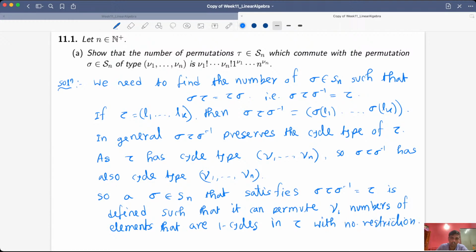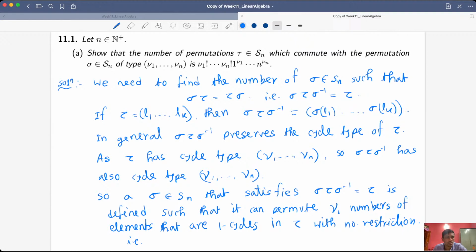So there are nu 1 factorial such elements. This is just 1, it can permute this many things. And for the nu 2 numbers, there are two-cycles. If it is a 2-cycle, then from the previous discussion, sigma can be defined in two ways.